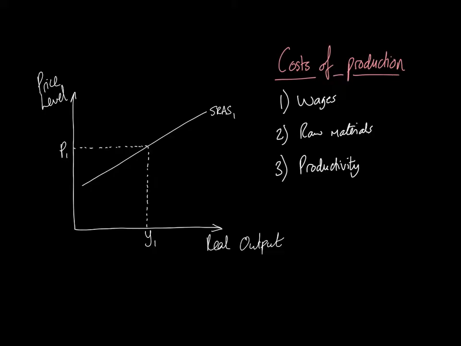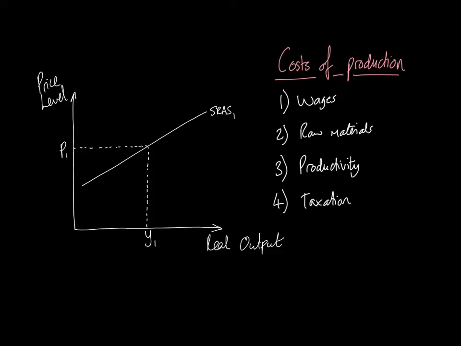So this productivity, I suppose, refers to the capital that they have in place in the business. And the last thing that we need to think about is the role of government to influence business costs through taxation. Now, these are the four things, essentially, which can influence the position of the short-run aggregate supply curve.